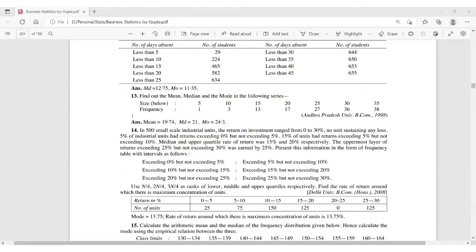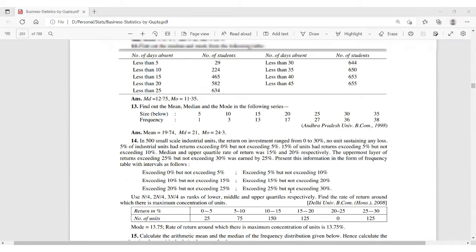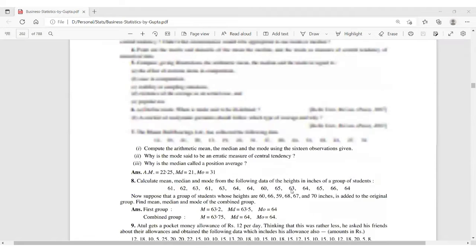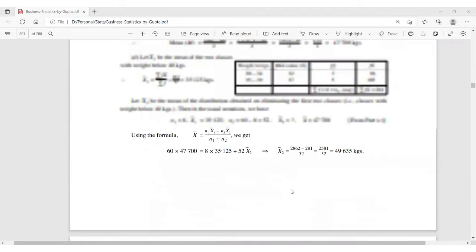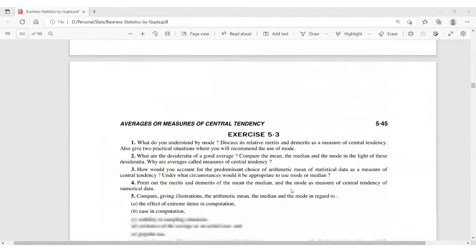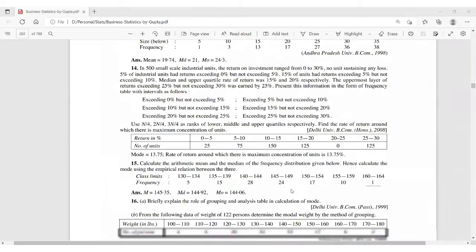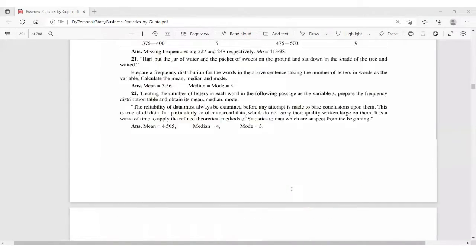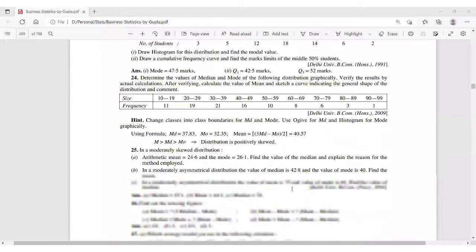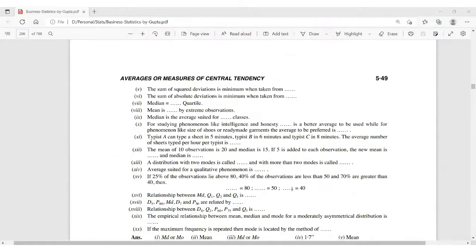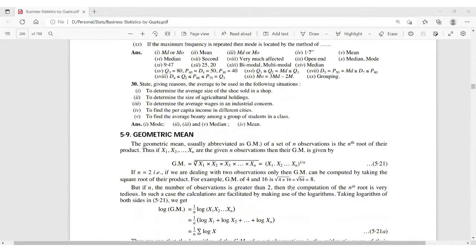There are different methods for finding the variation, that is, how much the variables vary from the mean.